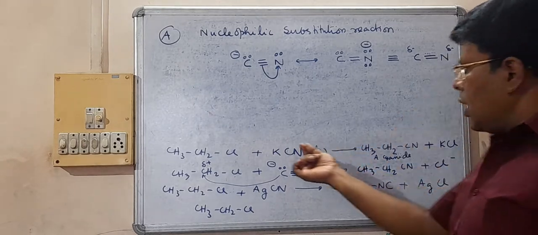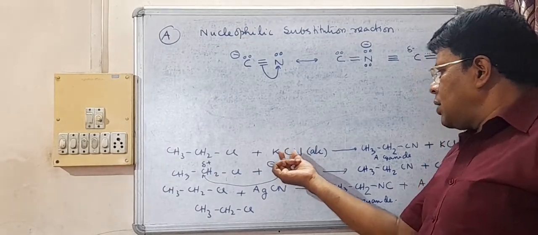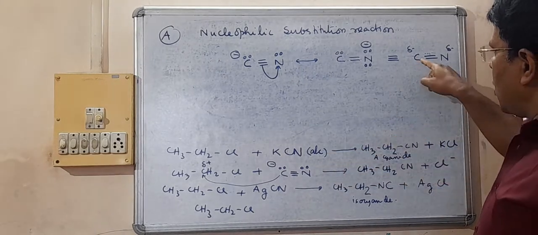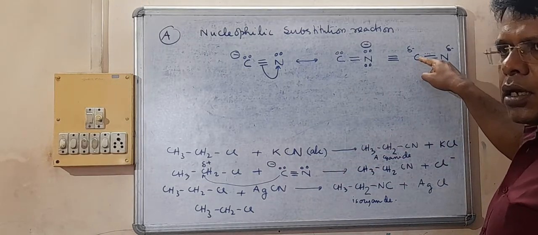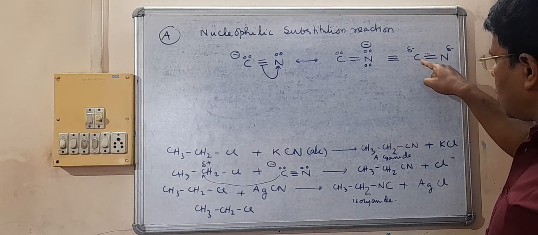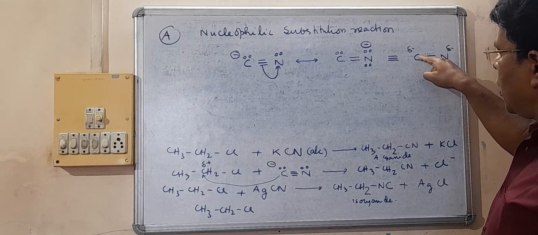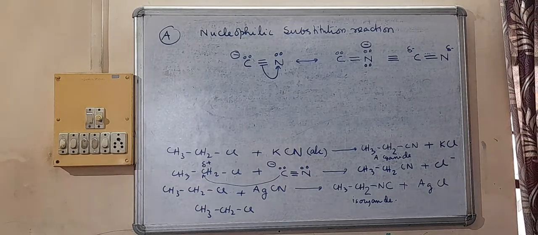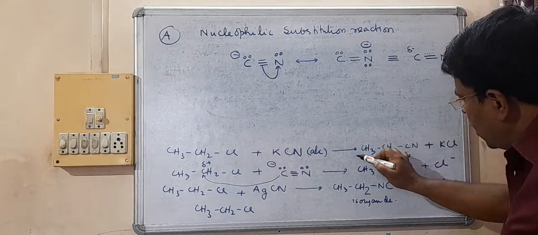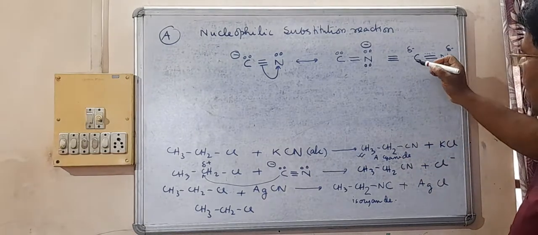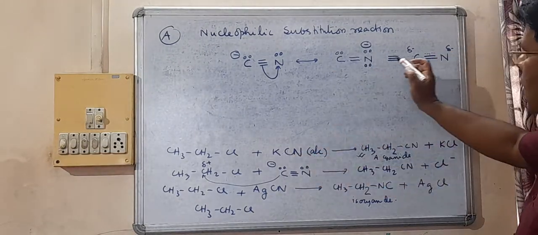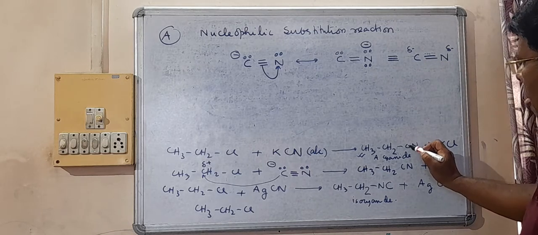So you see, with KCN, what we are seeing is that there should be attack through carbon also, and attack through nitrogen also. But why do we get only this one? Why does attack in case of KCN take place through carbon only?